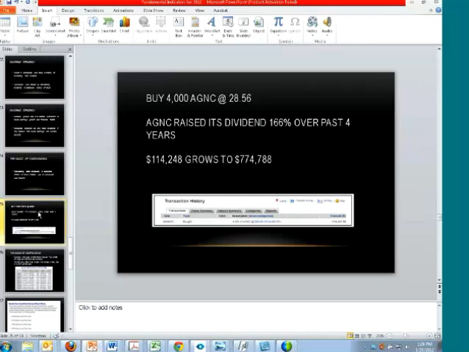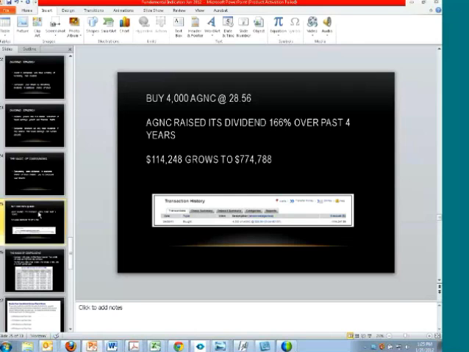With 4,000 shares, they're paying a $1.40 quarterly dividend. So tomorrow I'm going to receive a dividend of $5,600, and that will be automatically invested in additional shares of American Capital. And at the current price, I'll be able to purchase about 190 shares tomorrow.